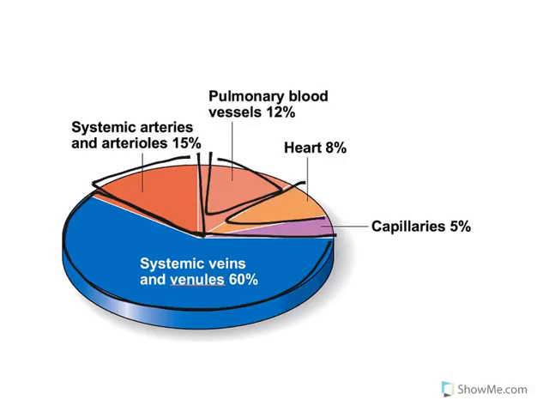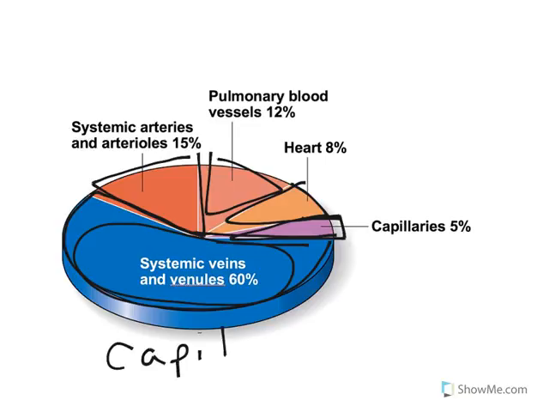Pulmonary vessels hold 12%, the heart, and just a tiny 5% for the capillaries. Most of the blood resides in the veins, which is why they are often called capacitance vessels.